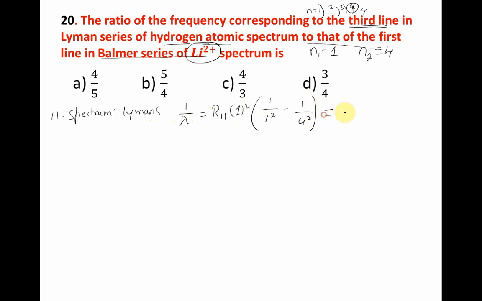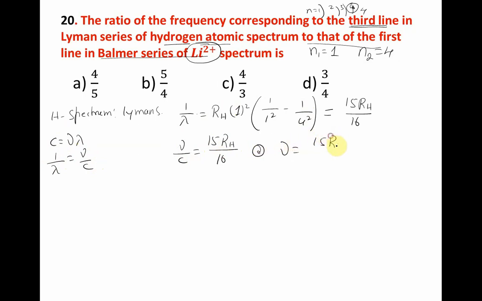Therefore this value becomes equal to 15 RH by 16. Since we know that c is equal to nu lambda, or 1 by lambda is equal to nu by c, this can be written as nu by c equal to 15 RH by 16, or nu is equal to 15 RH into c divided by 16.